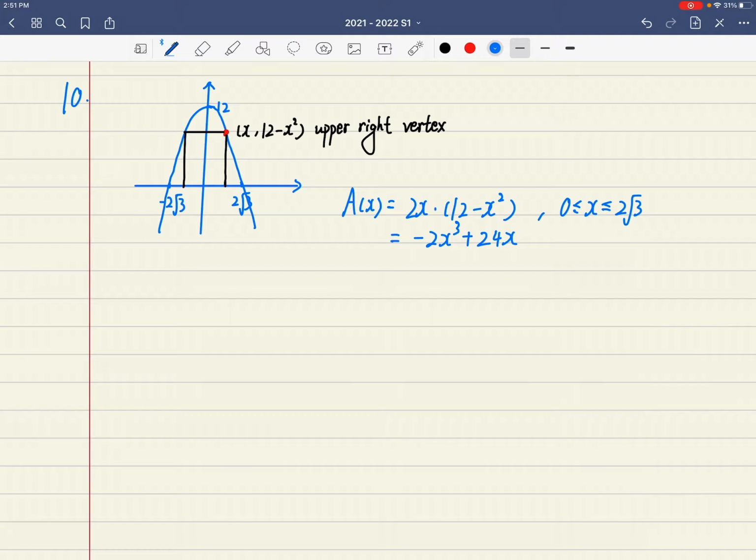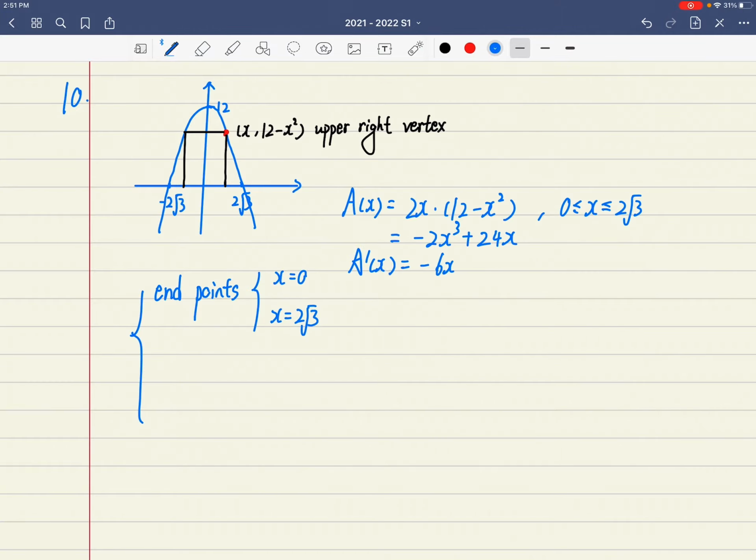You just have to use the closed interval method. So first, what are the endpoints? The endpoints are x is 0 or x is 2 square root of 3. Then what's the derivative? The derivative is negative 6x squared plus 24.